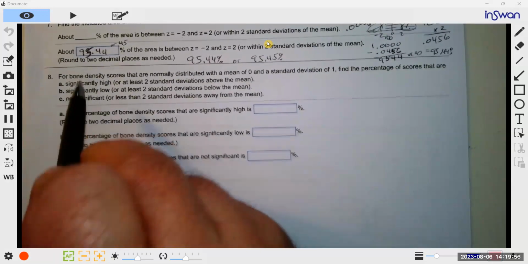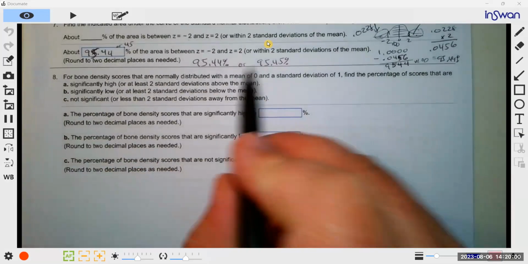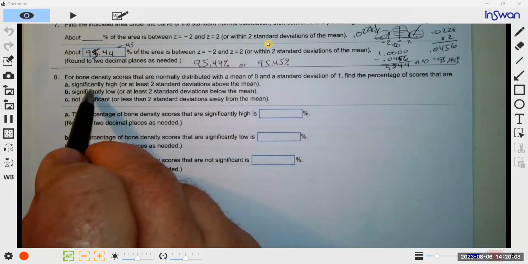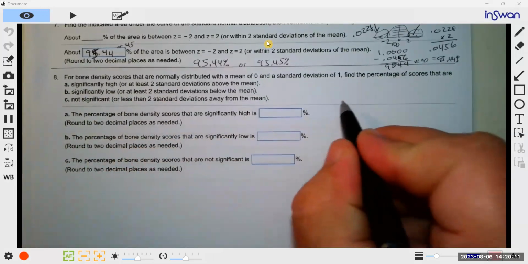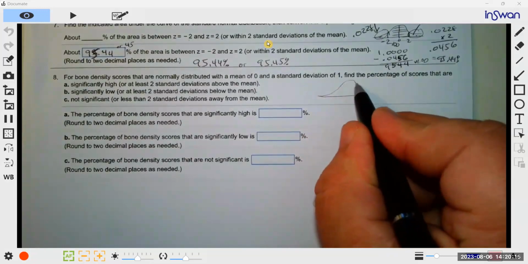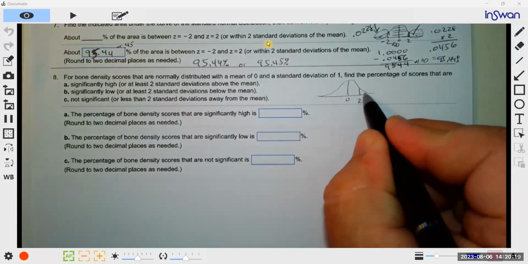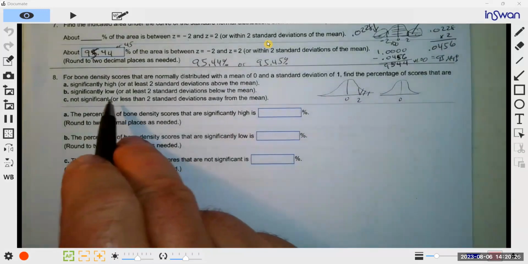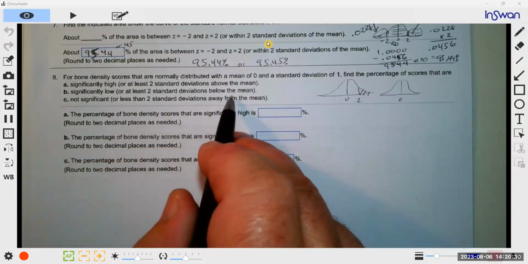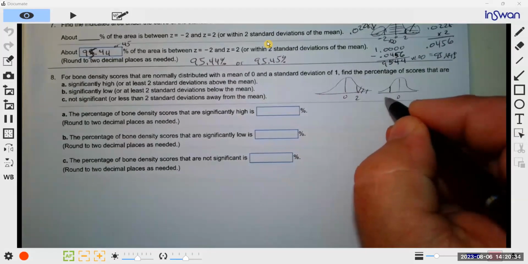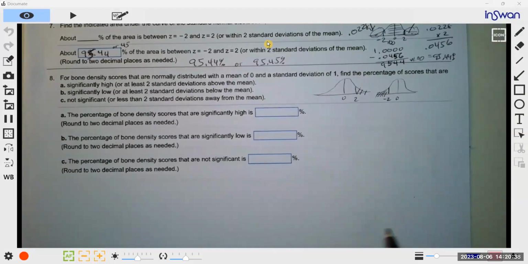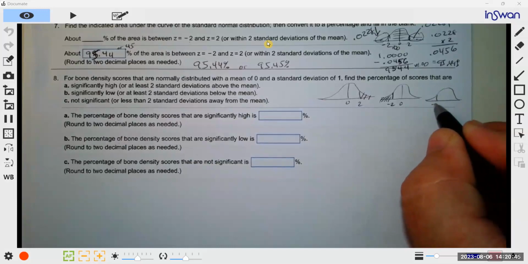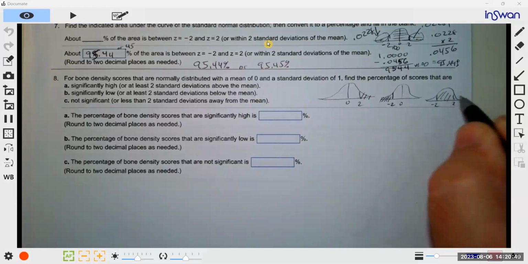All right, number 8. For bone density scores that are normally distributed with a mean of 0 and standard deviation of 1, find the percentage of scores that are: A, significantly high, in other words, at least 2 standard deviations above the mean; B, significantly low, at least 2 standard deviations below the mean; and C, not significant, which means they're between -2 and 2.